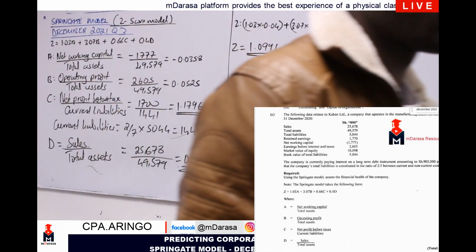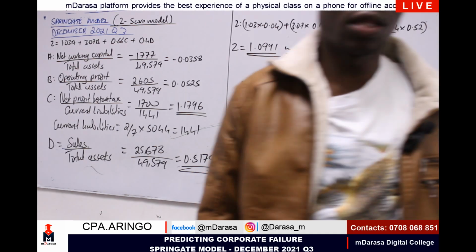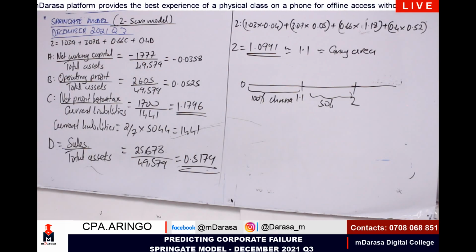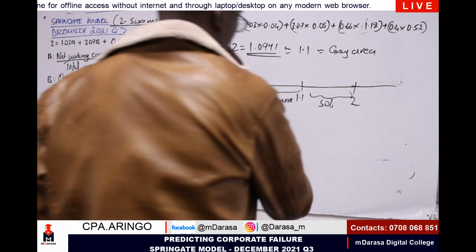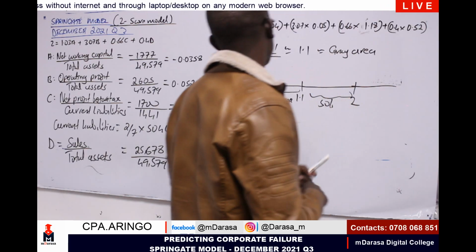So literally, you can remove this portion. On this case, if you are to mention something, you'll find that the firm's financial interpretation is good, since I'm having a Z of 1.1, which is on 1.1.